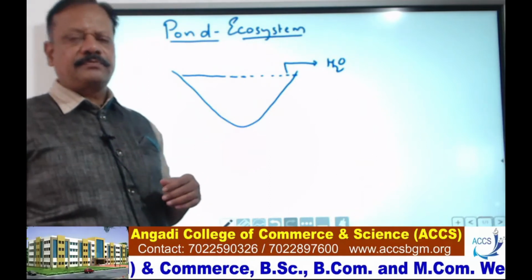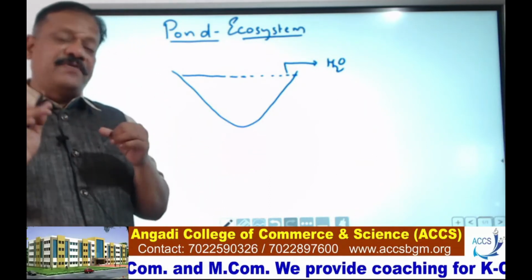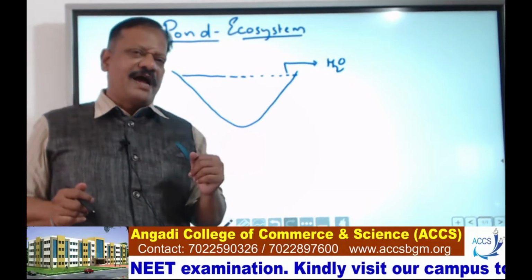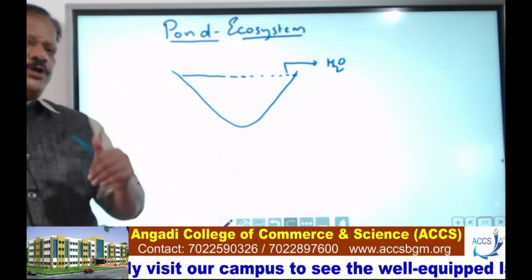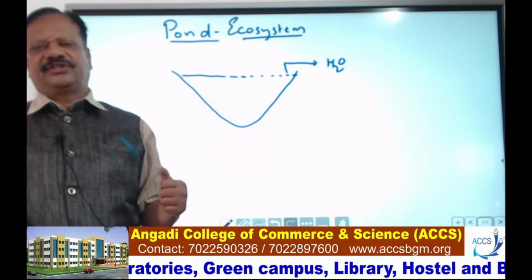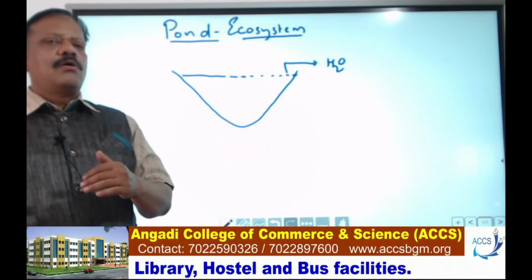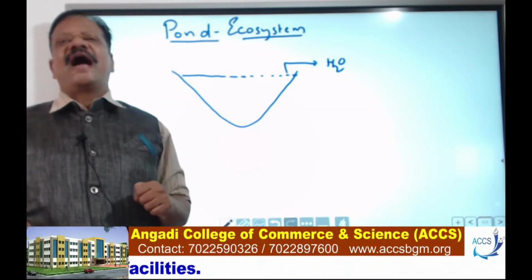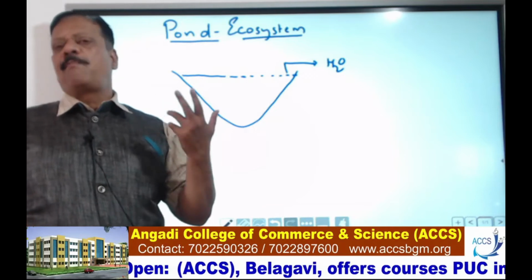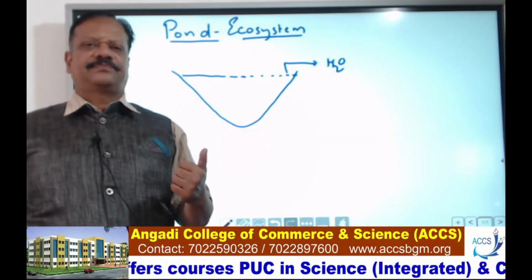Now, you know the four parts of an ecosystem, that is abiotic factors, producers, consumers, and decomposers. So here we'll go through these factors or parts and see how the pond ecosystem functions.